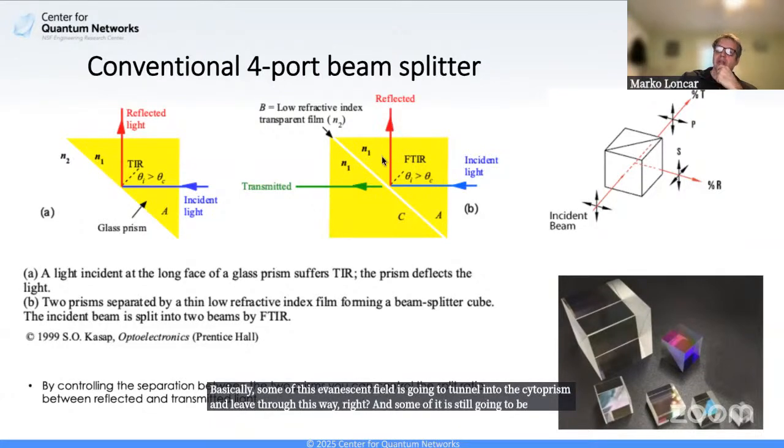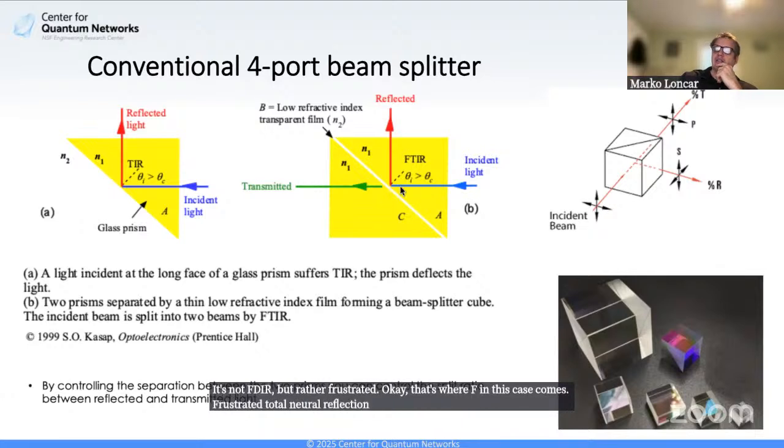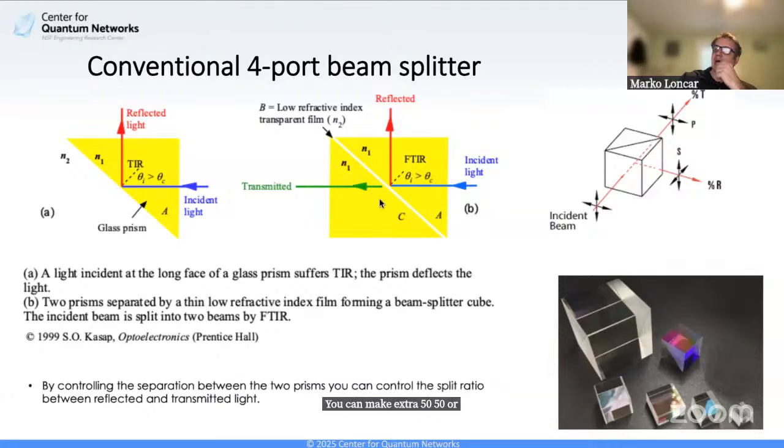It's rather frustrated total internal reflection, that's where the F comes in. By controlling how far apart these prisms are, you can make a 50-50 or 90-10 or whatever other splitting ratio beam splitter you want.